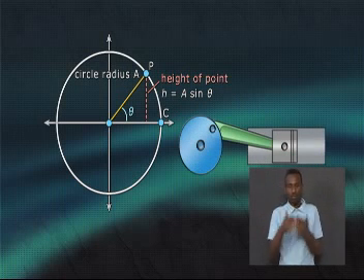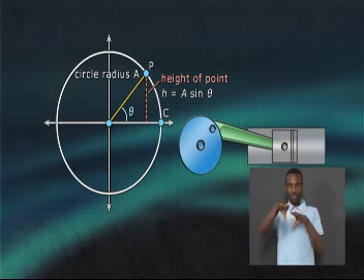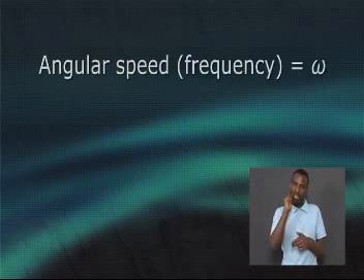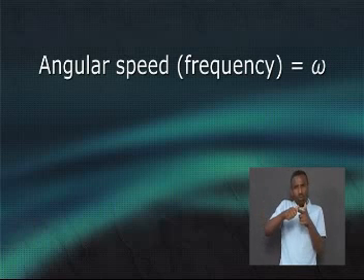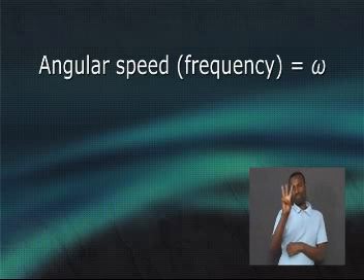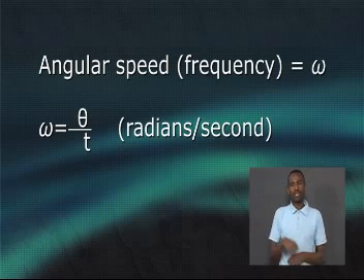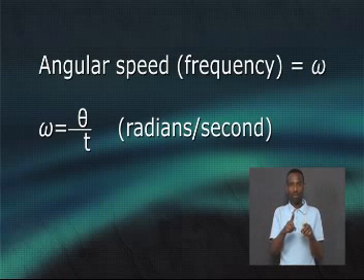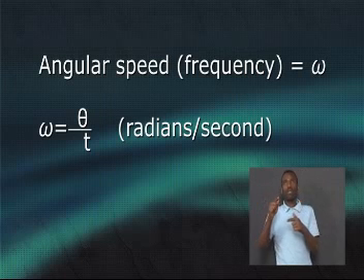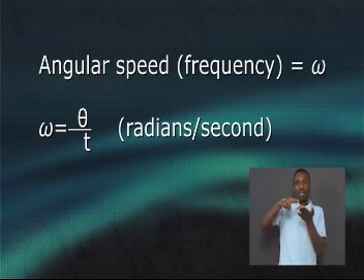Now we need to introduce a new quantity, angular speed. Angular speed, or angular frequency, is denoted by the symbol omega. It represents the rate of change of an angle turned with time and is measured in radians per second.